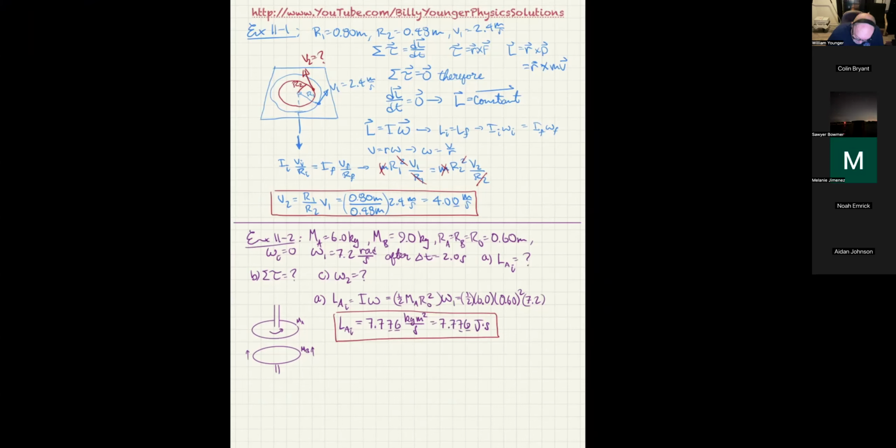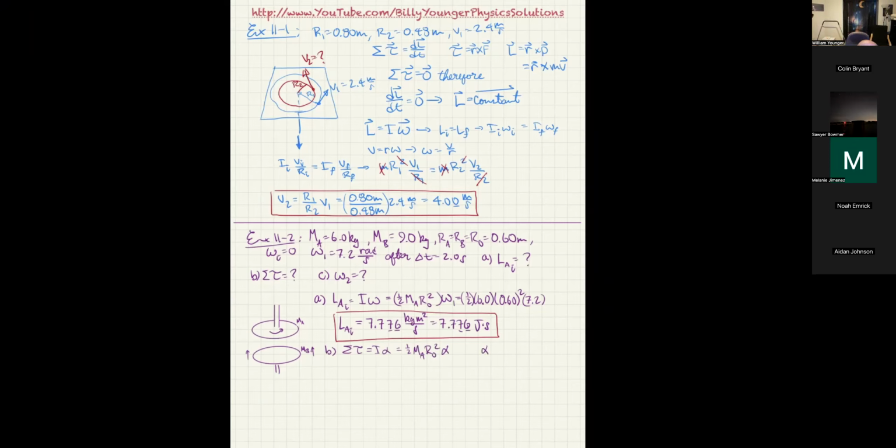Now, for part B, we want to find the torque, and what we know is the summation of the torques is equal to I times alpha. So I've got to figure out what alpha is, and we can then just multiply that by I, and that'll give us the total torque. The I, of course, is 1/2 MA R0 squared, and then the alpha is what we're looking for.